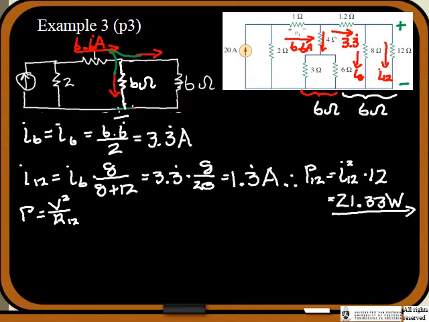Well, earlier on, if we get rid of this for a moment, in the very first circuit that we did, what we found was that these two resistors in parallel was, can you remember how much? 4.8 ohms. So we know that this 3.3 amps is flowing through the 1.2 ohms, but it's also flowing through the 4.8 ohms.